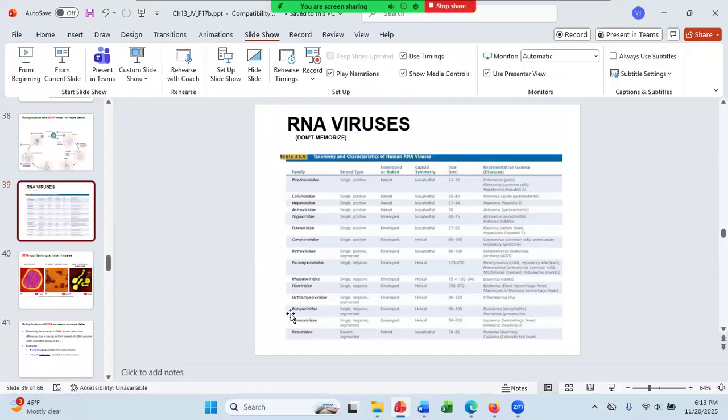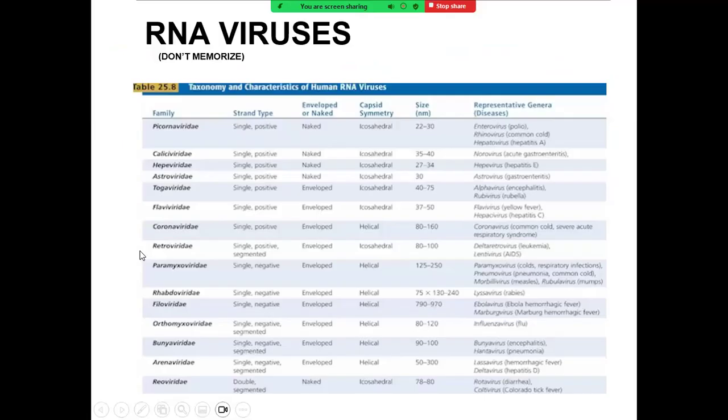So all families of RNA viruses replicate in the cytoplasm with one exception, and that's the family Retroviridae. This family is an RNA virus, but it does not replicate in the cytoplasm of an animal cell. It replicates in the nucleus. We'll talk about why in just a minute.